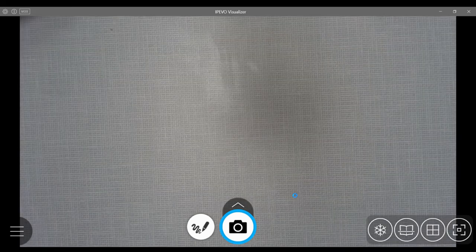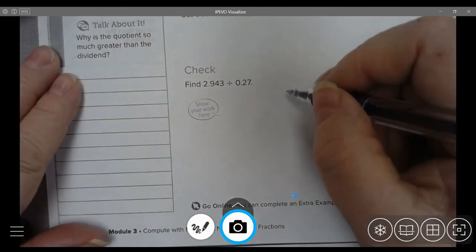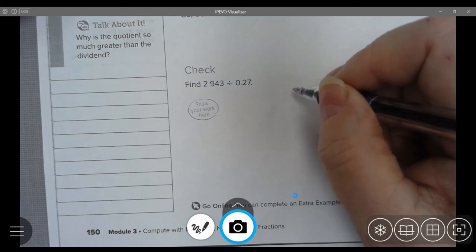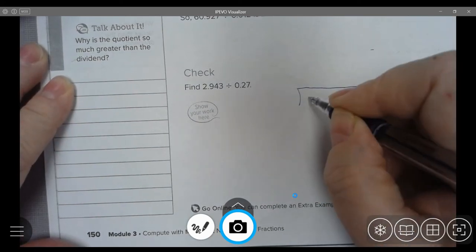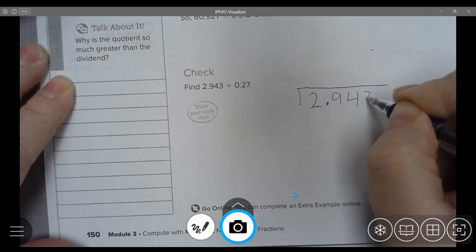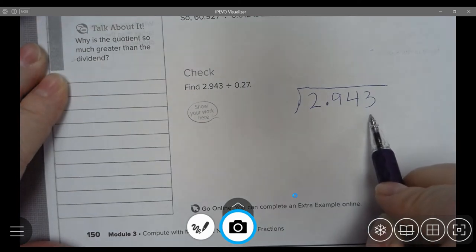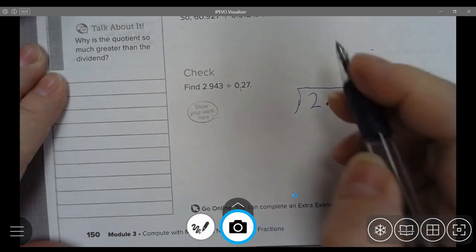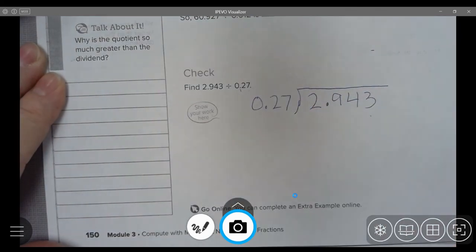So let's take a look here at our check. And our check on page 150 would be inside our dividend 2.943. So 2 and 943 thousandths divided by 27 hundredths.